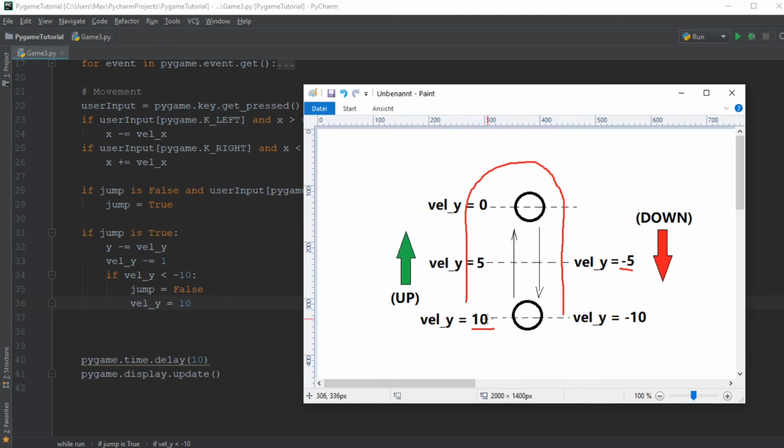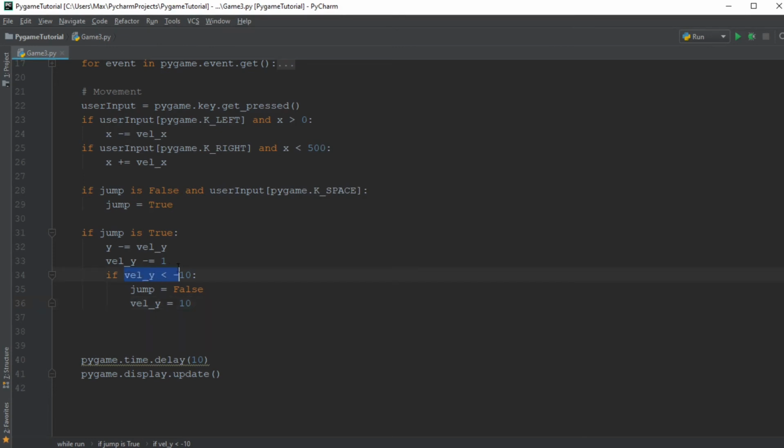And once we get to the point at the very beginning where we left in first place, we want to stop the jump motion when the velocity that we left with is equal to the velocity that we come down with. And that is exactly what happens here. So if the velocity is -10 again, which is the velocity which we left with at the beginning of our jump, but just with the opposite sign, then we want to finish our jump.